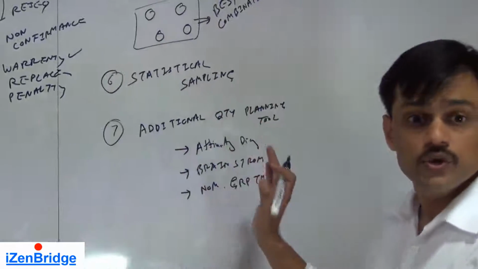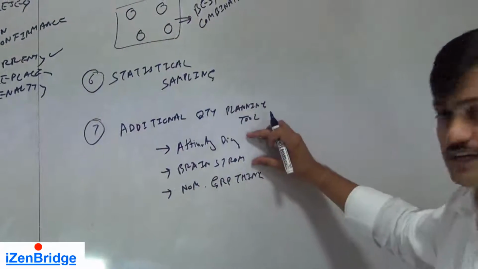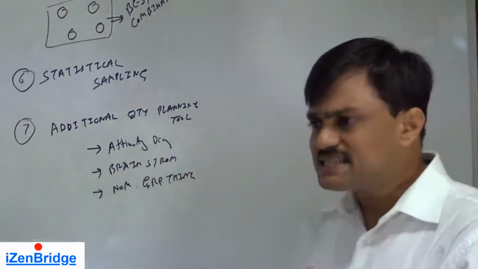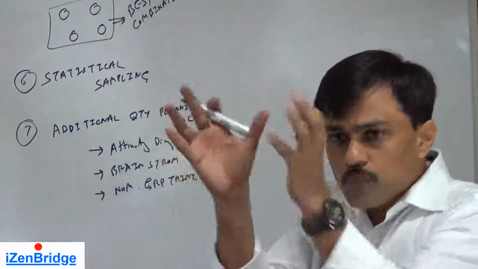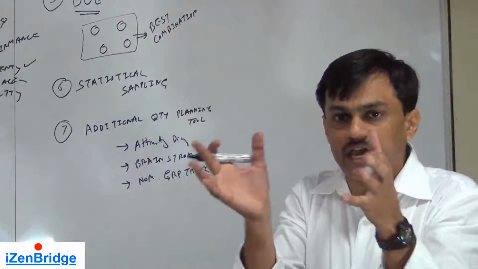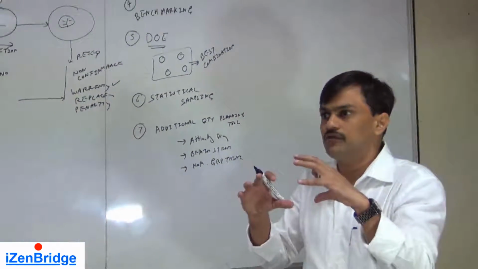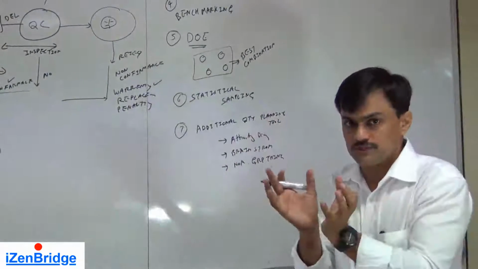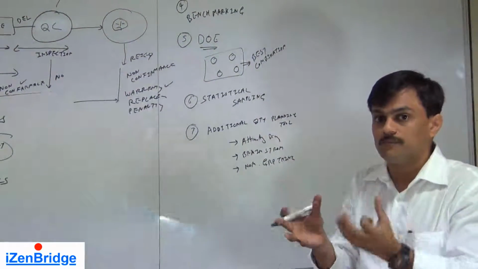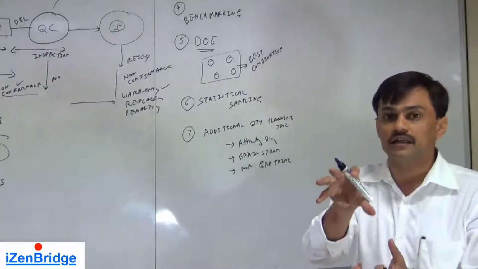Now, what is an affinity diagram? We identify a group of samples and try to group and categorize them. For example, we have various types of problems. We make a grouping of those problems and identify which problems are in an affinity.